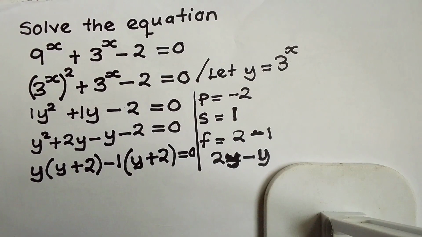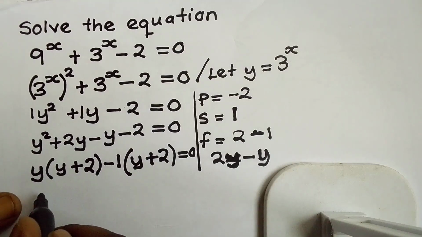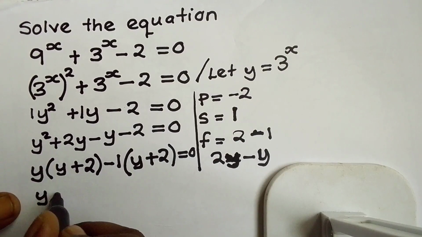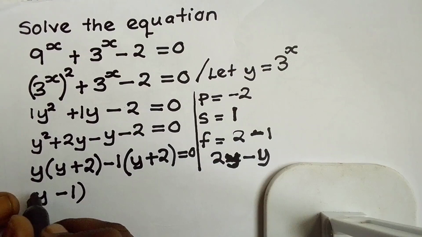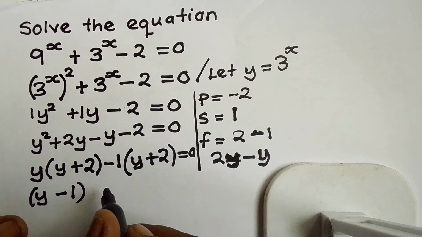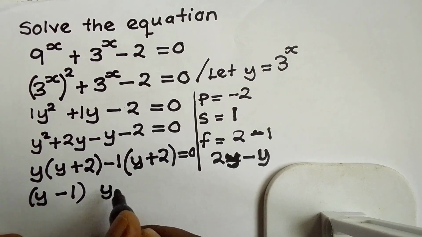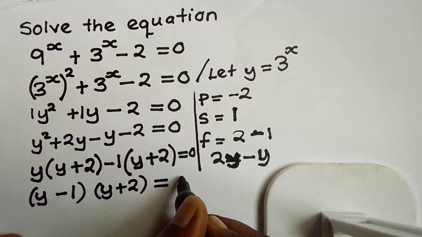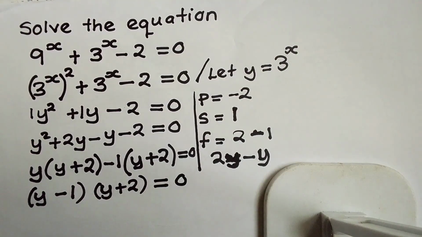Okay, let's move on. Having done this, we're going to come up with two terms. We're going to have y minus 1, then these are the same, just get 1 and say y plus 2. All these are equal to 0. So we're going to equate each term to 0.